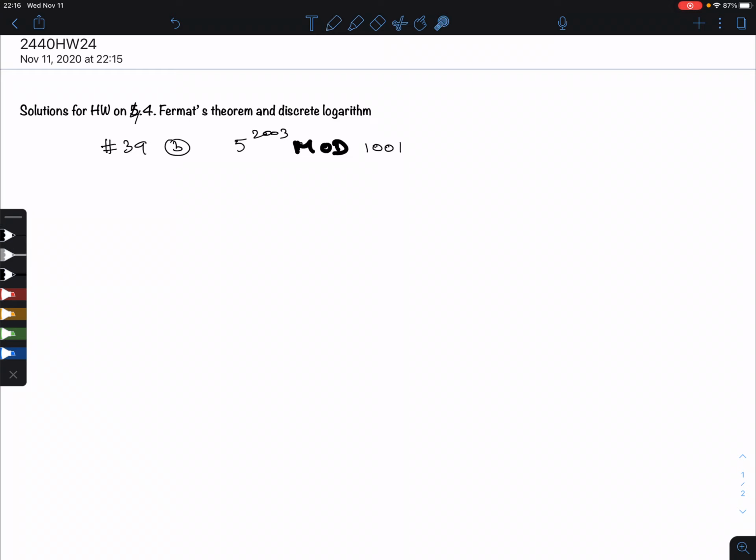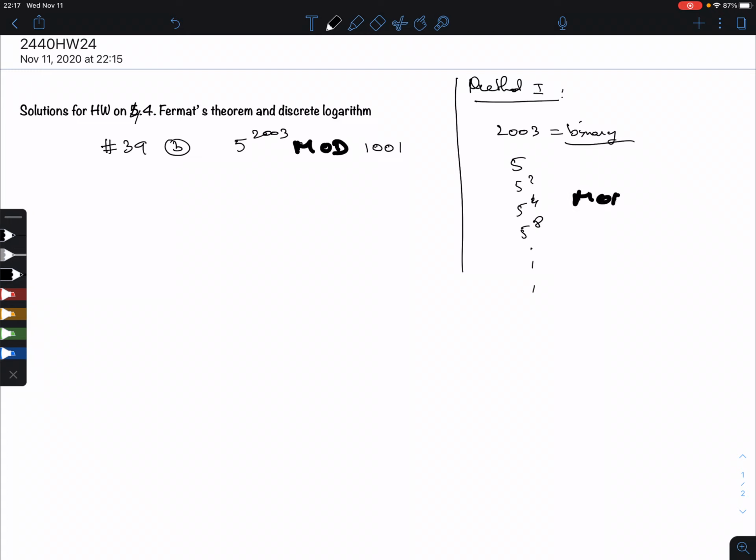One solution, method 1, is not the one we're going to use now, but I just want to review it for you. You write 2003 in binary, then calculate 5 squared, 5 to the 4th, 5 to the 8th, etc. Then you use the powers that occur in the binary and put them together, all this mod 1001.